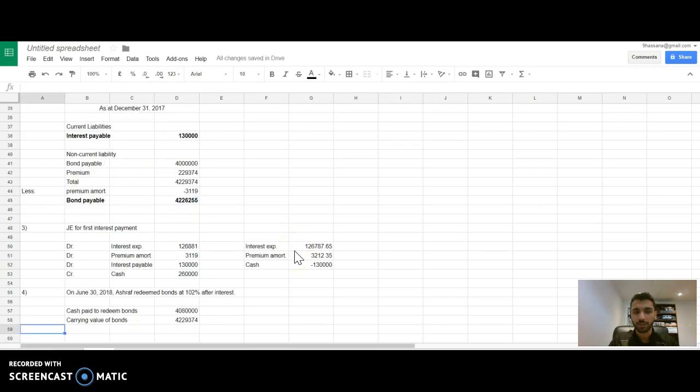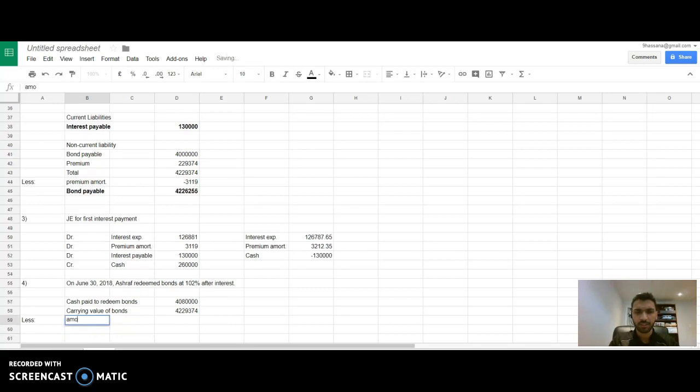Then in parts 2 and 3, we know that we amortized the premium portion of these bonds 2 times. So the first time, amortization of premium, the first time we did it in part 2 was 3119.